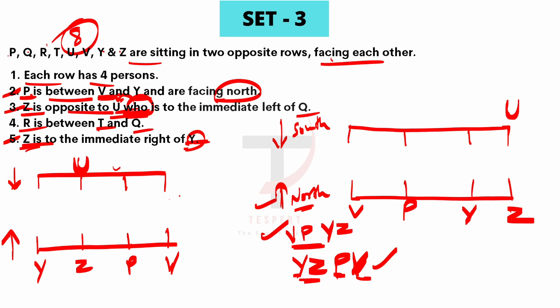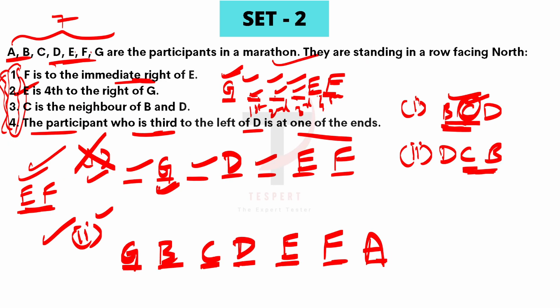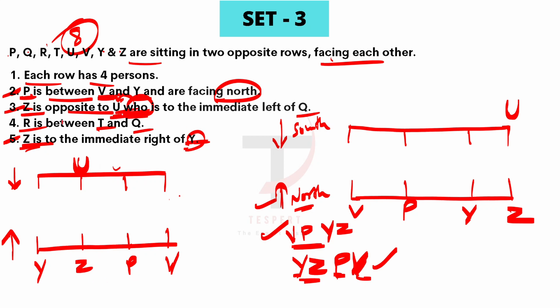So Z is opposite to U, and U is to the immediate left of Q. As U and Q are facing south, to place U to the left of Q, in the first case we must place Q here, so that U is to the immediate left of Q, because Q and U are facing south direction. So in the second case, Q must be placed here.